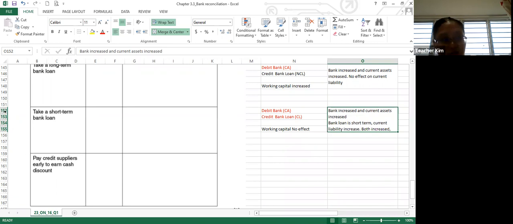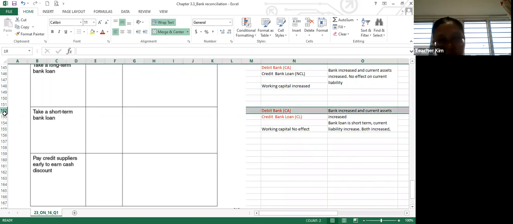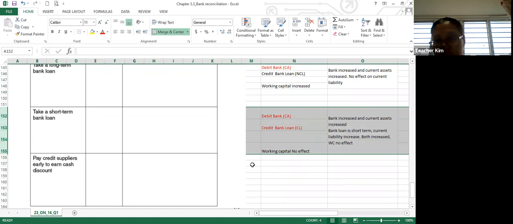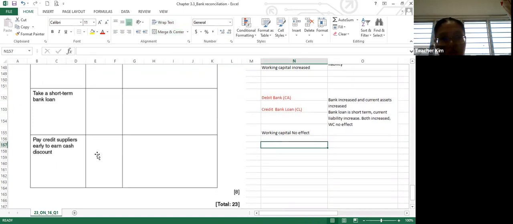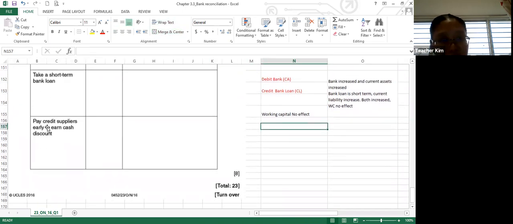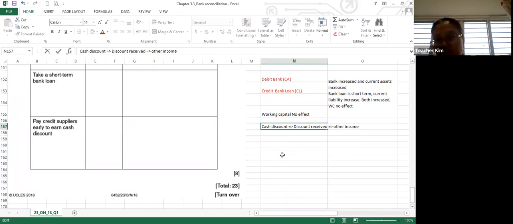Okay, now let's continue. Next is pay credit supplier earlier to earn the cash discount. So this cash discount is discount received. Discount received is an income. So put the debit and credit.